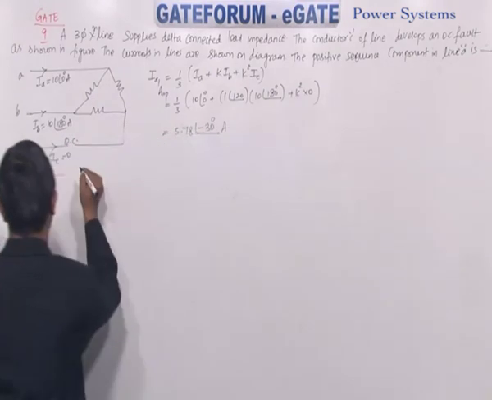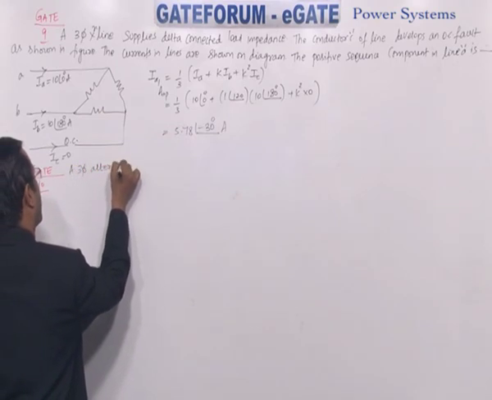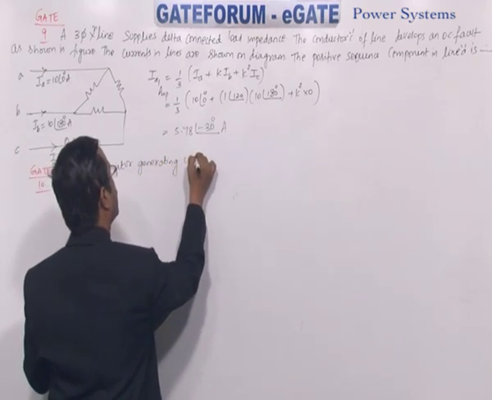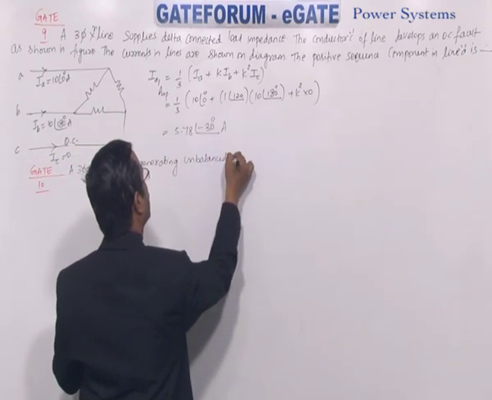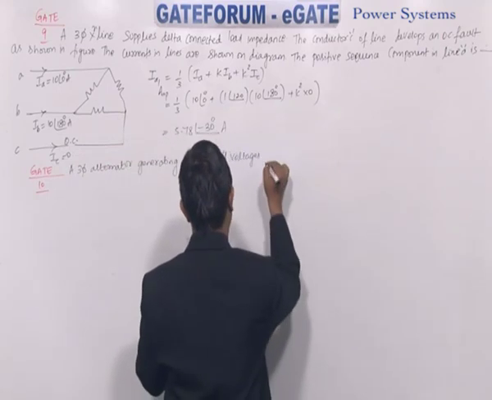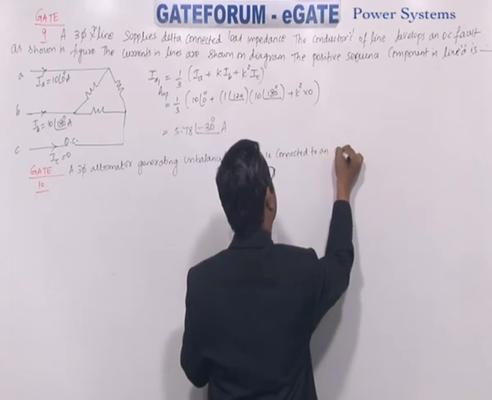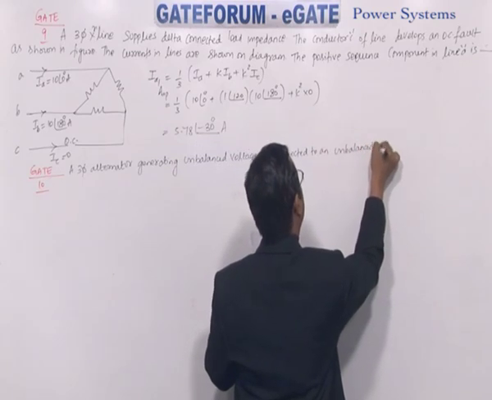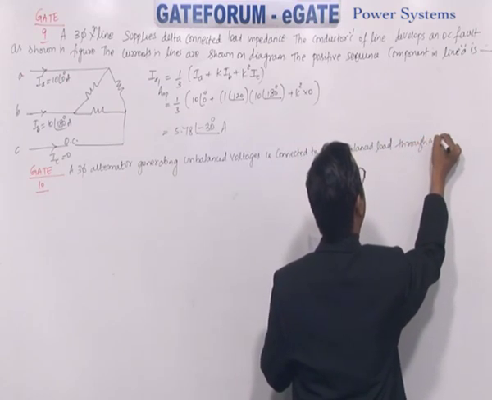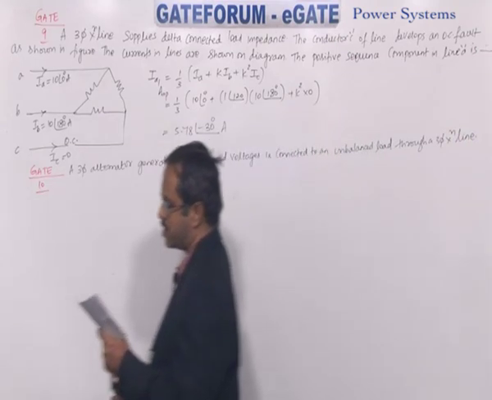Now we solve this next question. A three-phase alternator generating unbalanced voltages is connected to an unbalanced load through a three-phase transmission line.